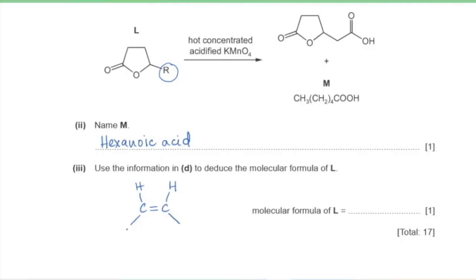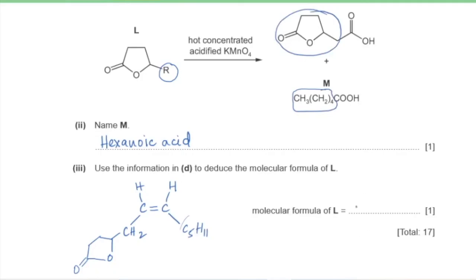We are going to have CH2 over here and the rest of the cyclic structure. And on this carbon atom, we are going to have C5H11.